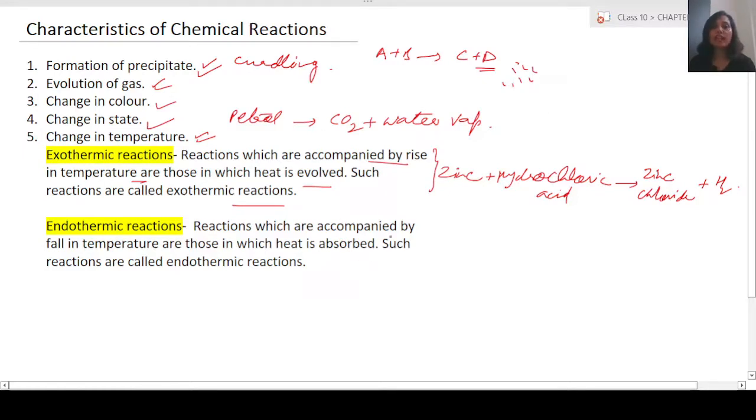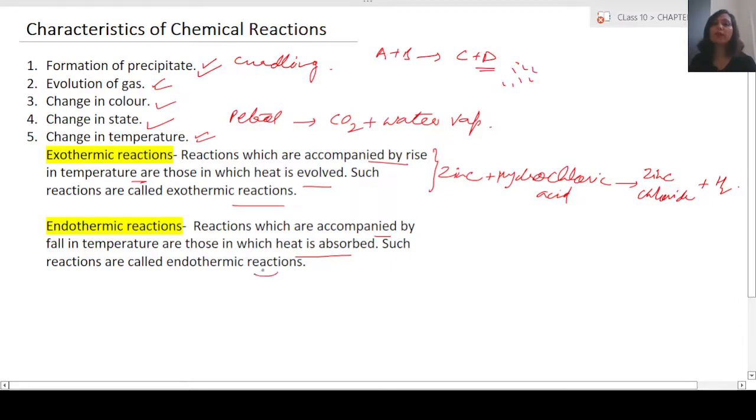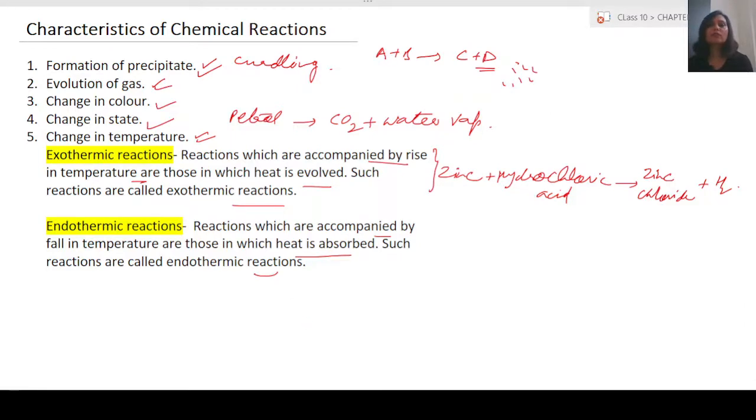So reactions which are accompanied by a fall in temperature, that is, when we touch the walls of the test tube, beaker or conical flask at the end of the reaction and the walls appear a little bit cold, not warm, are called endothermic reactions, meaning they have absorbed energy during the chemical reaction. So these are some characteristics which help in identifying whether a chemical reaction has occurred or not.